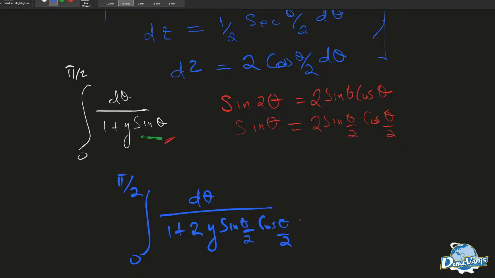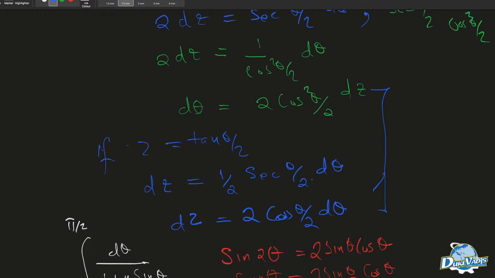But when we substitute the d theta, which we also know to be cos squared theta over 2 dz, that's what we're going to put in the equation.